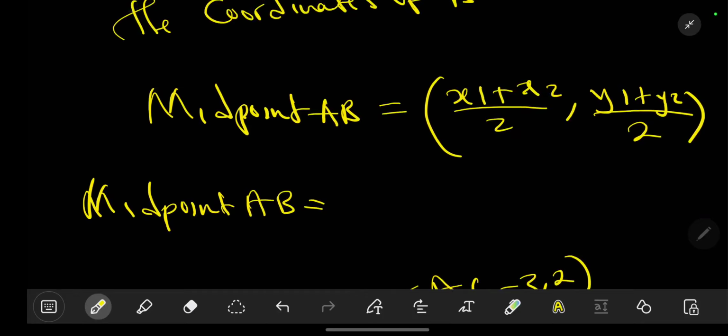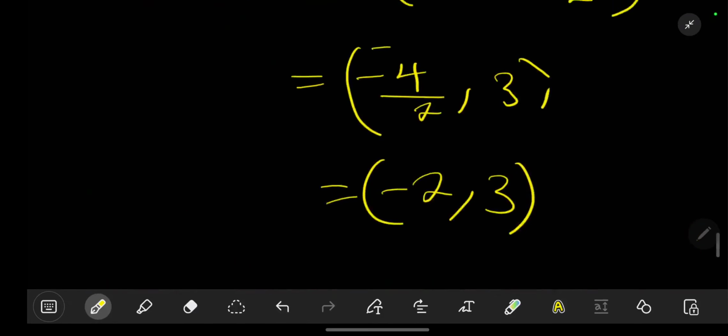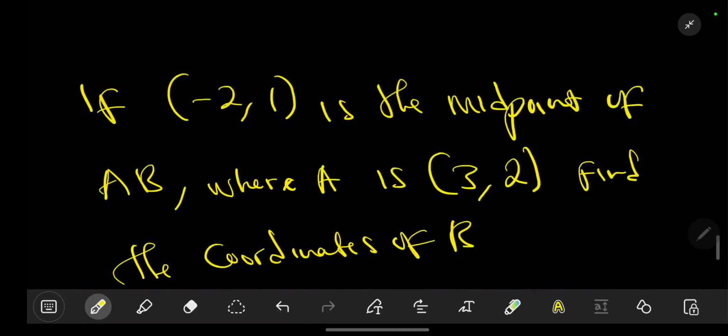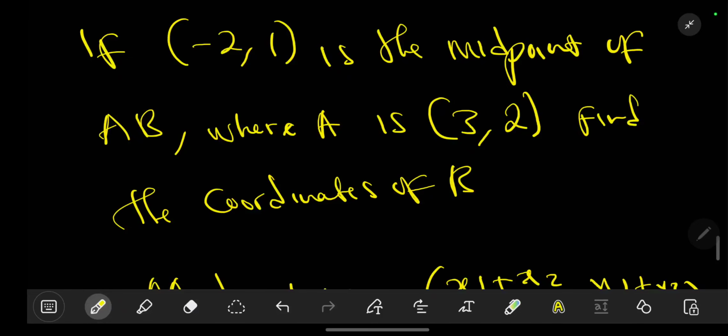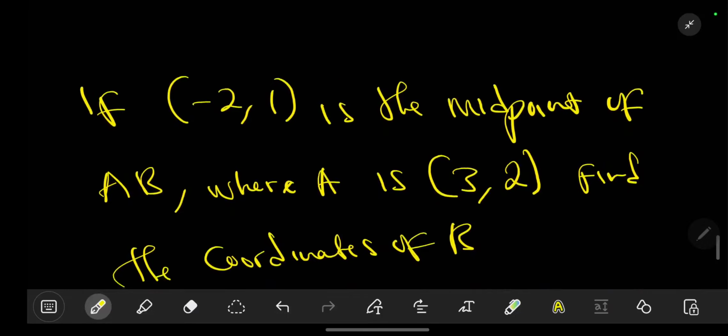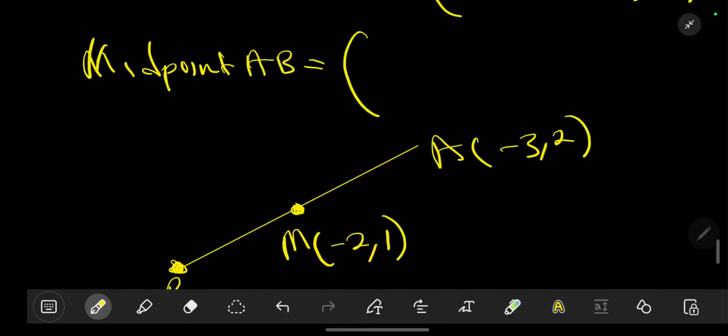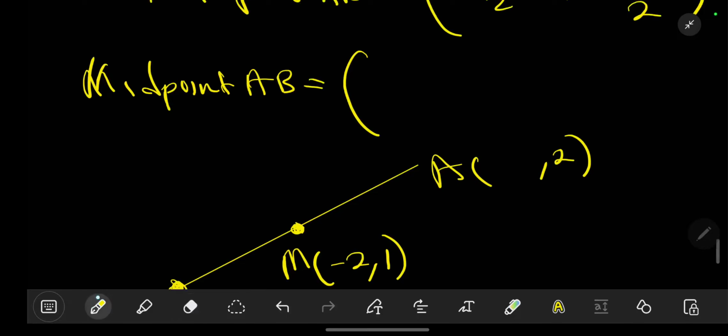Our x1 is for A, which is 3. Is it positive or negative? Anyways, it's okay like this. So we have 3, what have we written here? So positive 3.